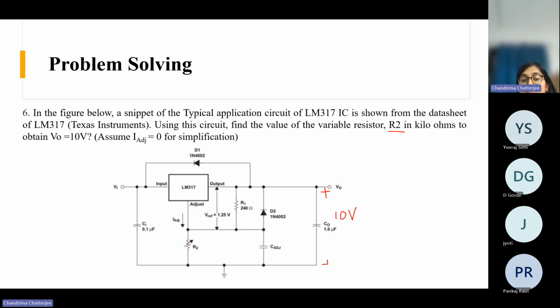What should be the value of R2? If you see here, this voltage is given. This is the reference voltage. It is a constant value. It is 1.25 volt, right?